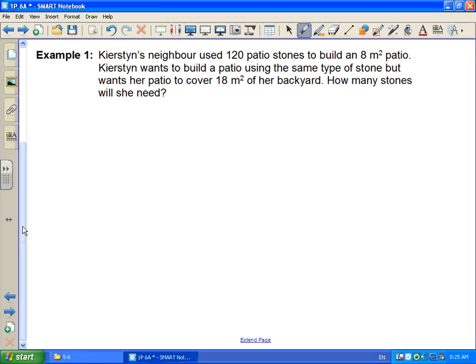So we've got patio stones and meters squared of patio. So our rate is going to be stones per area, or stones per meter squared.